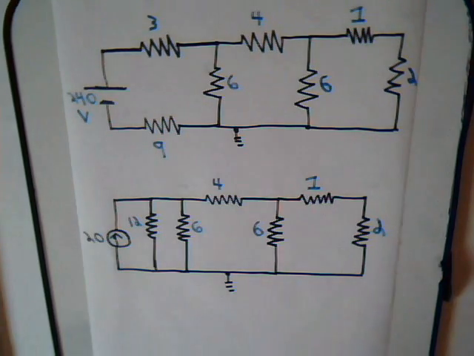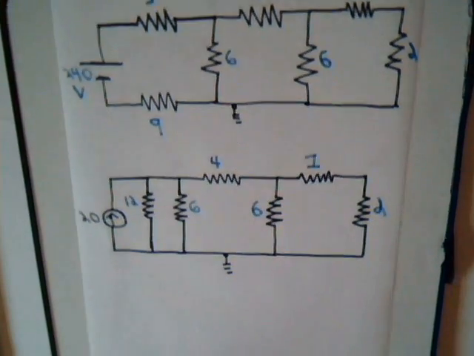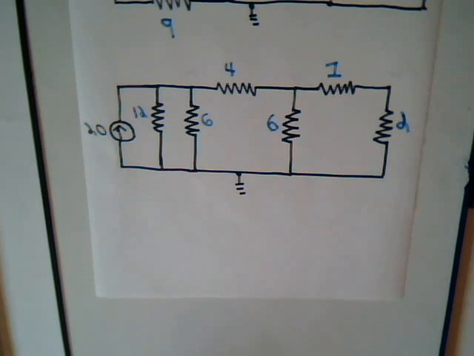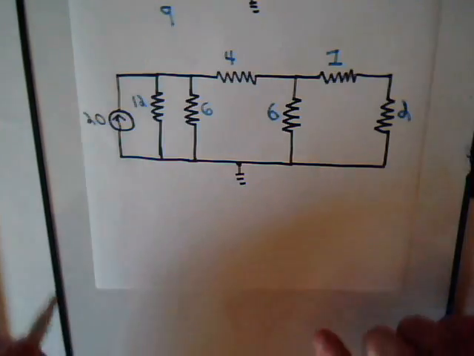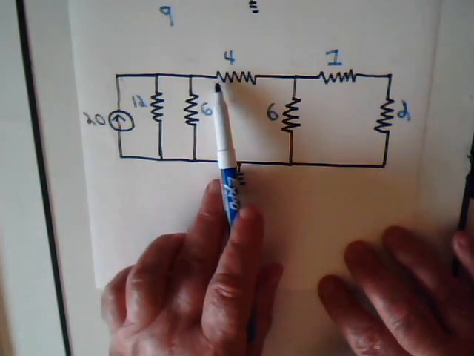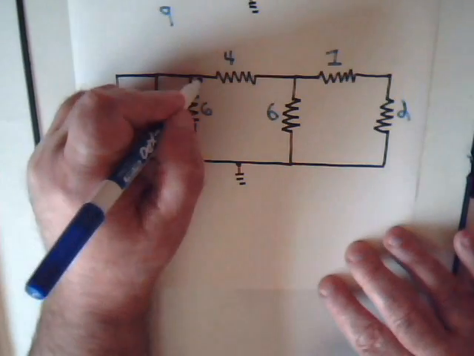Okay, let's go down here and consider the node part of it first, the node technique. Here we have 3 different nodes. You can see this, this, this, and this. This is all one node right here.